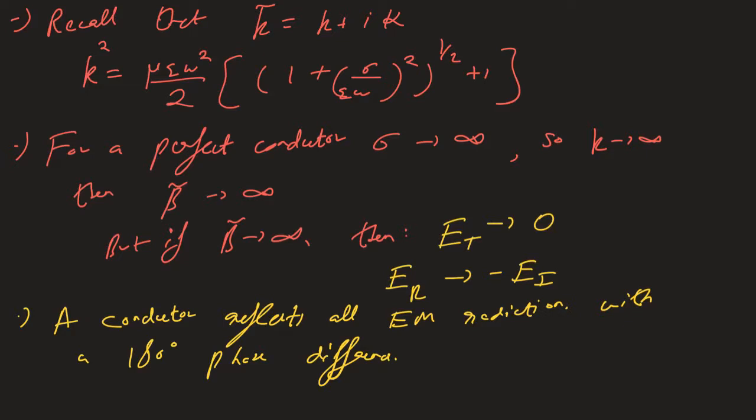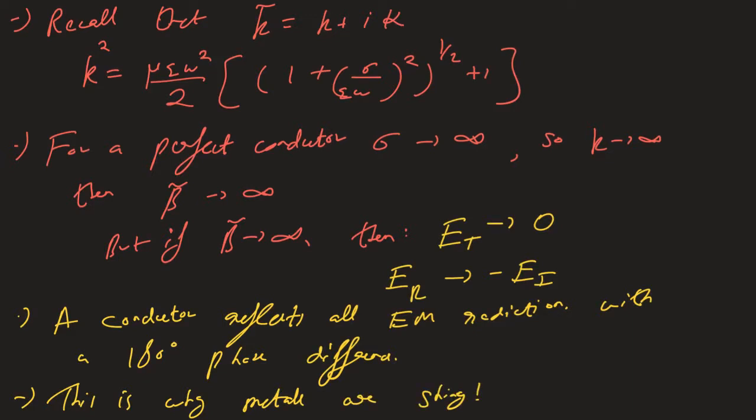And so in a perfect conductor there is no transmission. In an imperfect conductor there is some transmission, but still most of the electromagnetic radiation is reflected. And so this is why metals are shiny.